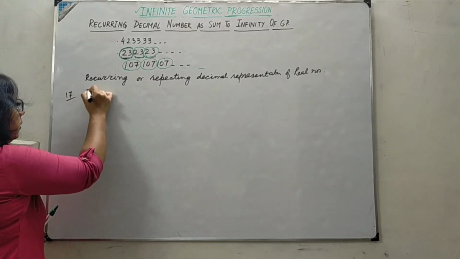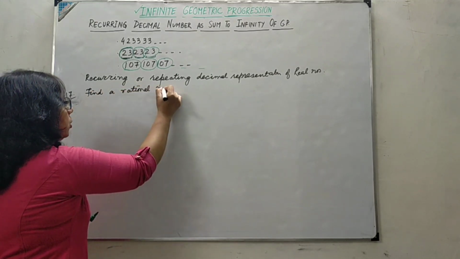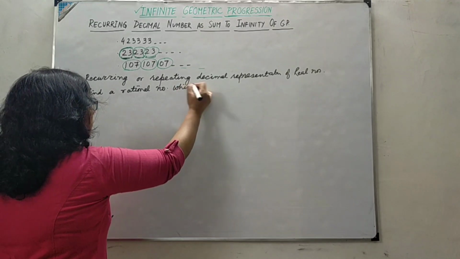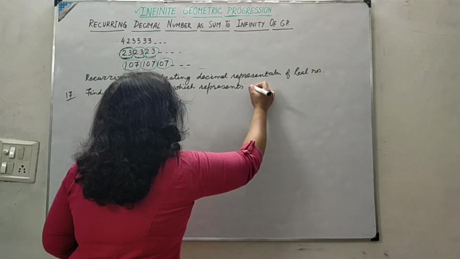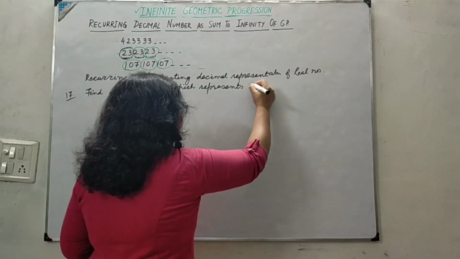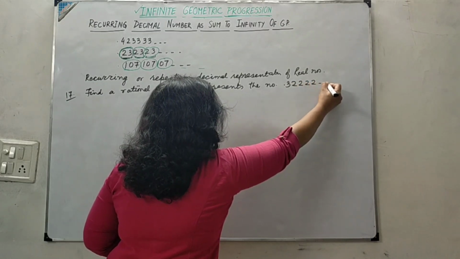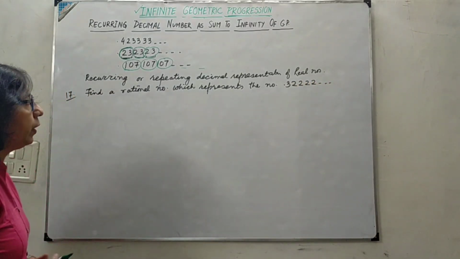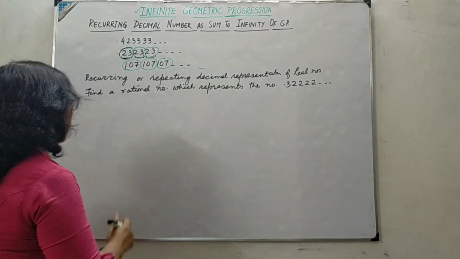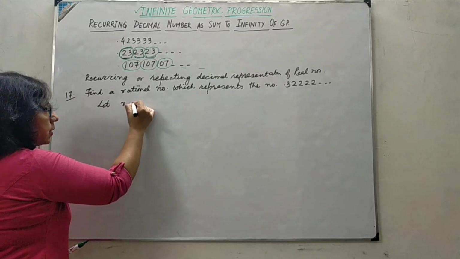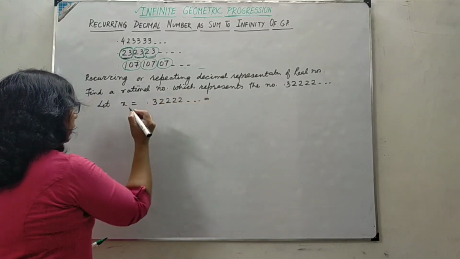Say, find a rational number which represents the number, say 0.3222 and so on up till infinity. Now we are given a number in which the digit 2 is repeating indefinitely. Let me write this number as x. This is 0.3222 etc. up till infinity.